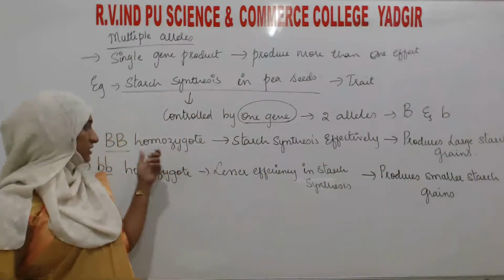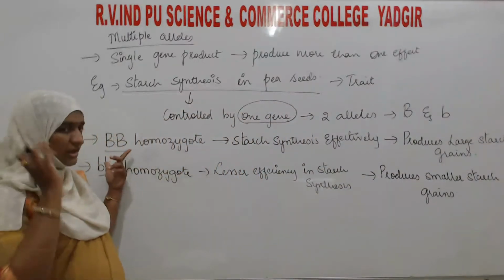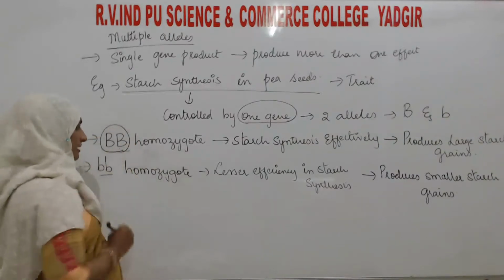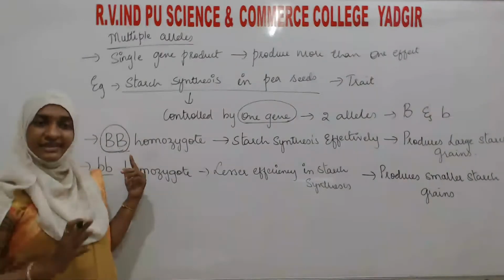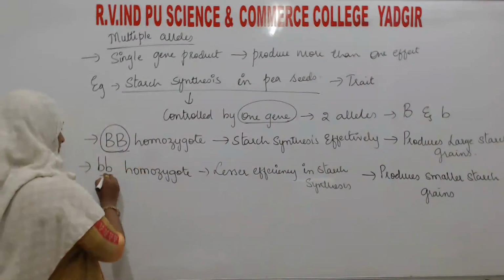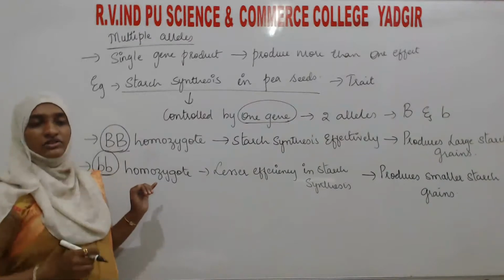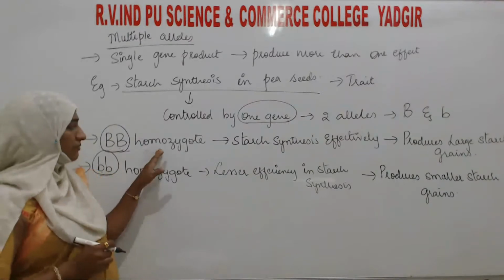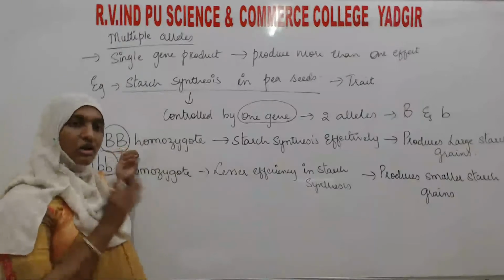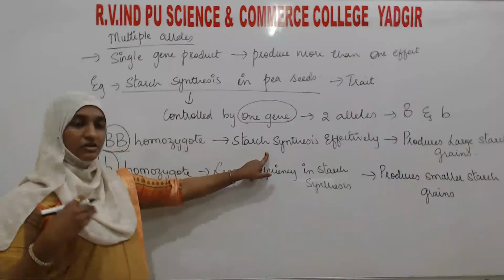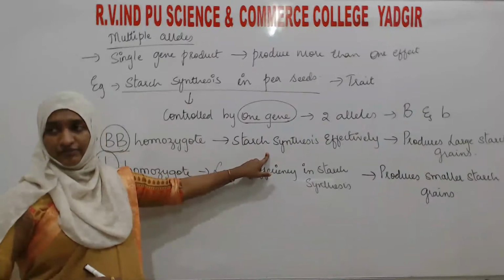Okay, see here, one gene with two alleles, and the two alleles are the same. Here also one gene, two alleles, and they are also in the homozygote condition. If both are dominant, both are going to express more starch, so starch synthesis is more effective.